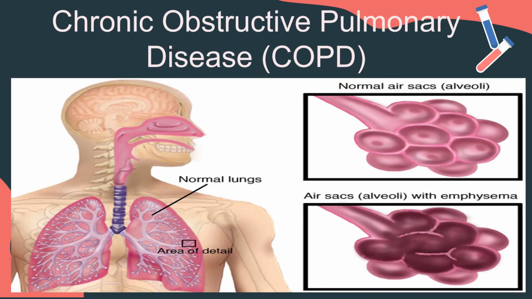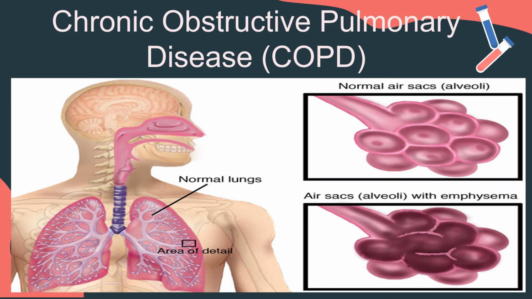The next lung disease is chronic obstructive pulmonary disease, or COPD. Look at the picture. Compare the normal air sacs and the air sacs with emphysema.